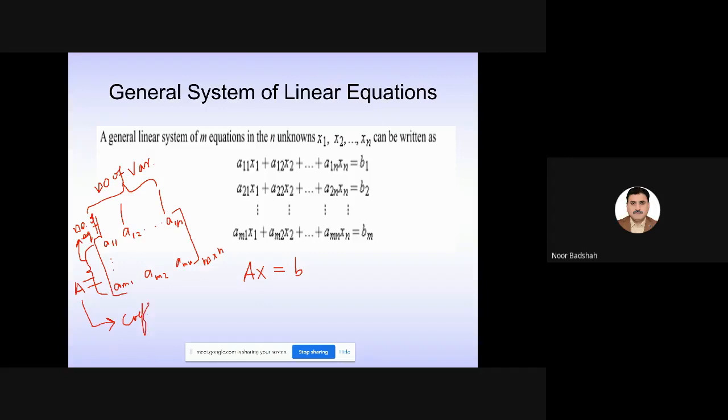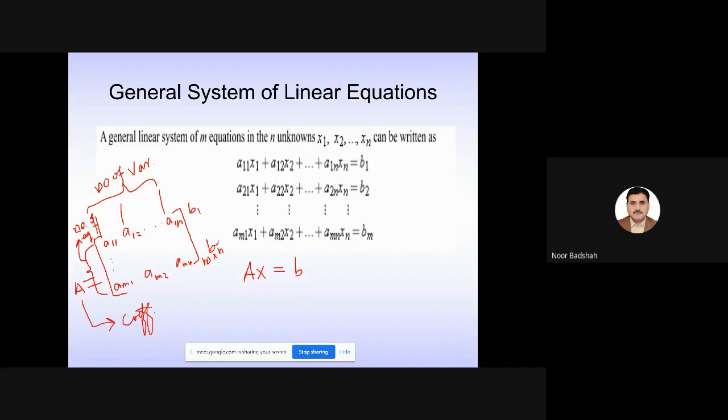In case of the augmented matrix, I hope you know what an augmented matrix is. When you augment the last column, there's another column in it which is b1, b2, up to bm.